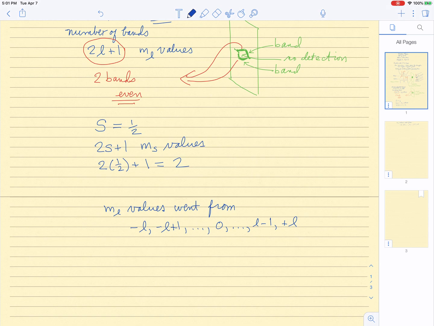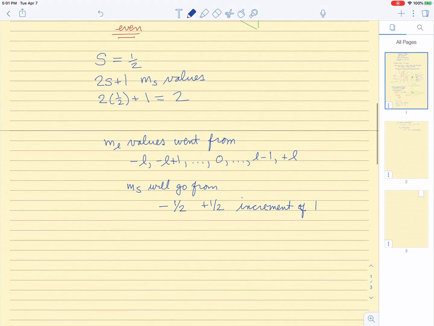And so clearly in this case, m sub s will go from negative 1/2 to positive 1/2, because that's an increment of 1. Remember what m sub L was?